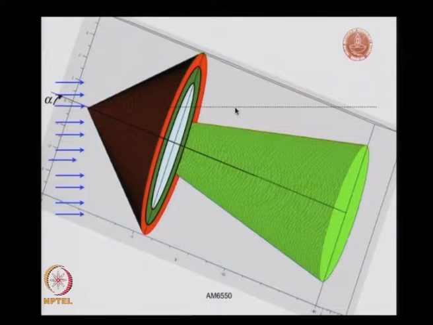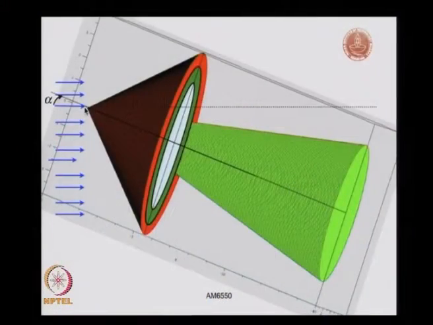You can see the asymmetry in it. Also compare: if the free stream was along this dark black line, what would the free stream be seeing in that case? Look at what the free stream is seeing now, and what it would be seeing if it was along this dark black line.